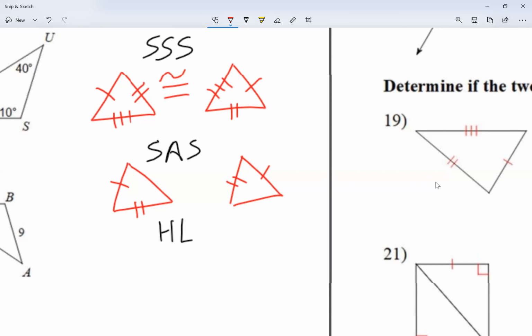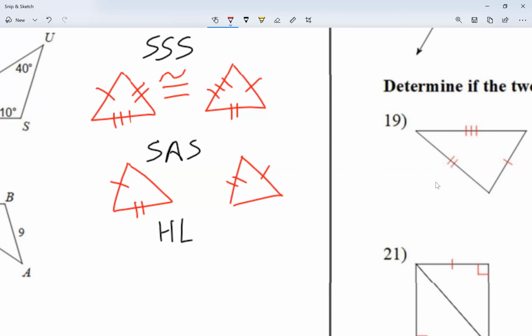I'm just comparing sides. Now, for side, angle, side, we're going to need 2 sides and the corresponding angle, or we call it the included angle. The included angle is basically the corner, the angle where the 2 sides meet.